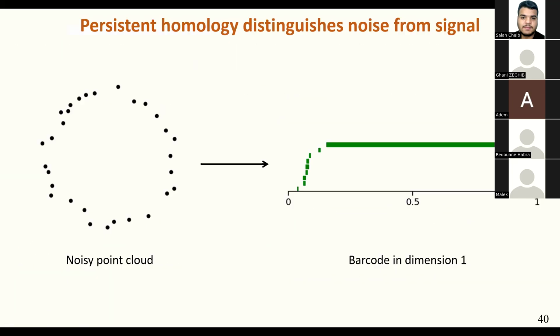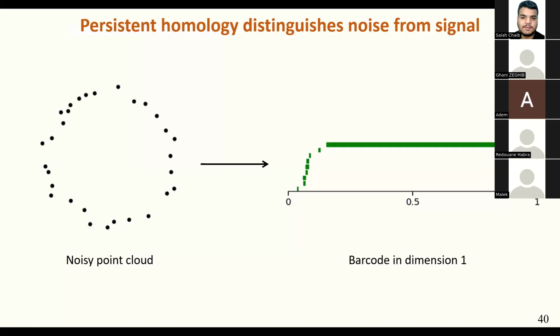And one thing that I didn't mention is that persistent homology verifies a stability theorem, saying that even though we have noise in the point cloud, the topological features that we capture in the barcode are stable under noise.